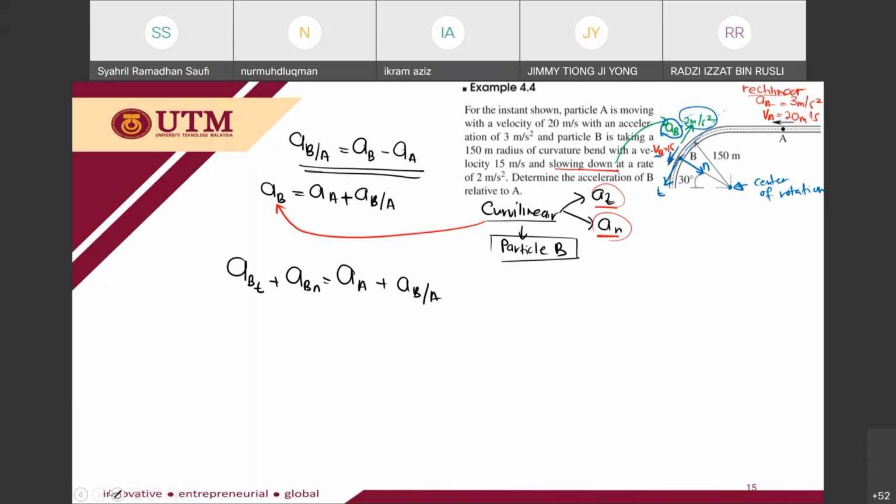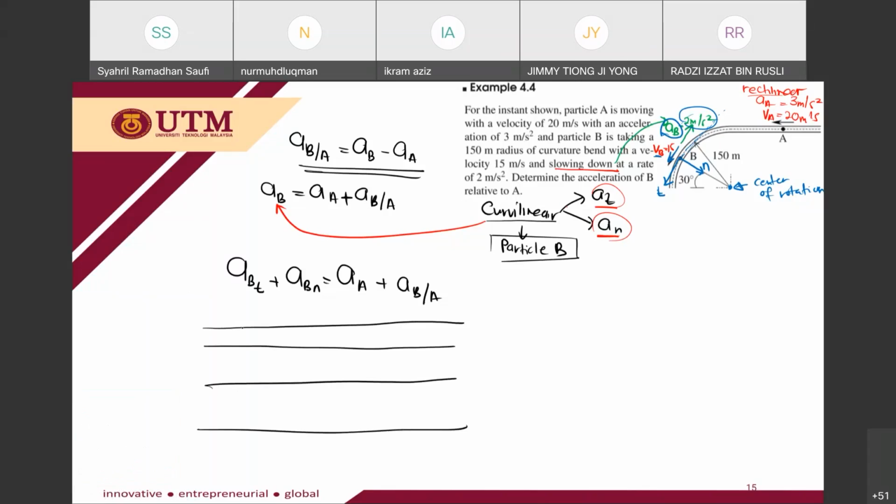I put it into a table first. Here is magnitude, here is direction. Here is acceleration of B tangent axis, acceleration of B normal, and acceleration of A.